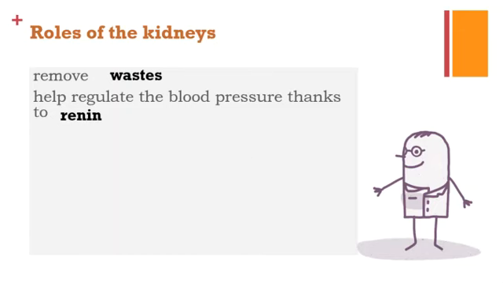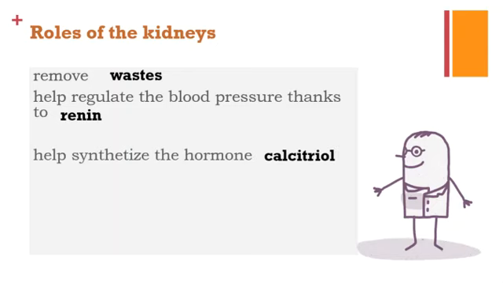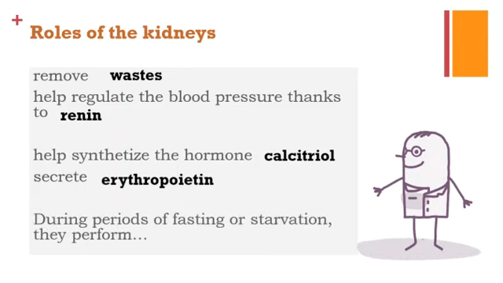The kidneys help synthesize the hormone calcitriol, the active form of vitamin D. The kidneys secrete the hormone that stimulates production of blood cells, named erythropoietin. During periods of fasting or starvation, they perform gluconeogenesis.